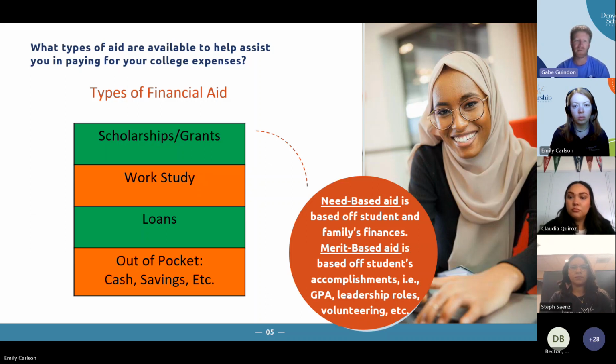And merit-based aid would be scholarships that students are applying for based on their high school accomplishments or college accomplishments after they've enrolled in school. Things that they'll be looking at are their role as leaders inside their schools, GPA, volunteering experiences, and things like that.